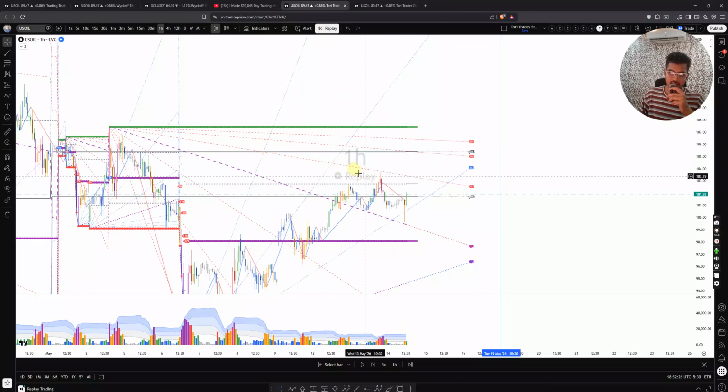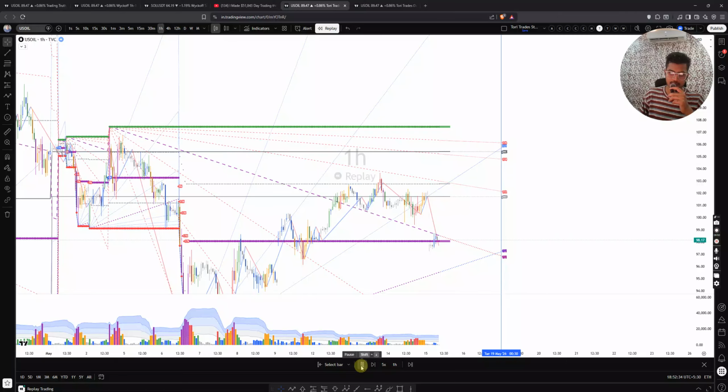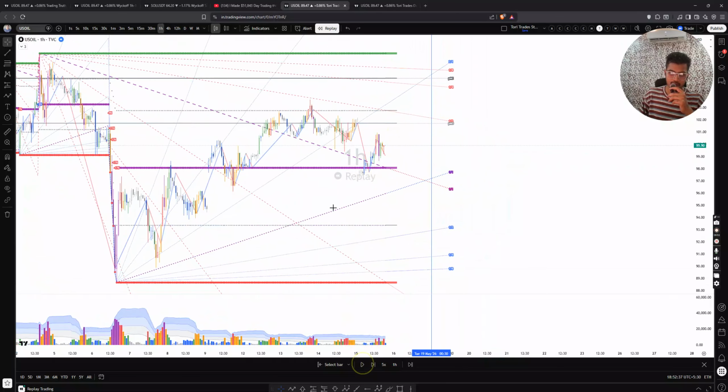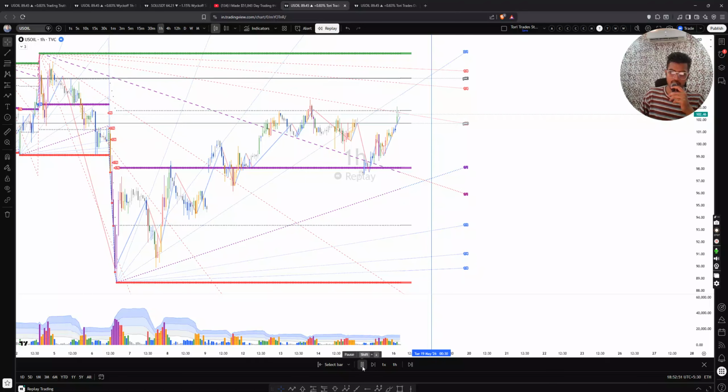So these are the resistance trend lines, okay? That's coming from this high, all right? You see, this resistance was effective, market came down, right? And now it's around here, came to the midpoint, then it goes. So it's reaching this line, so I'll just run it slowly, one by one, okay?